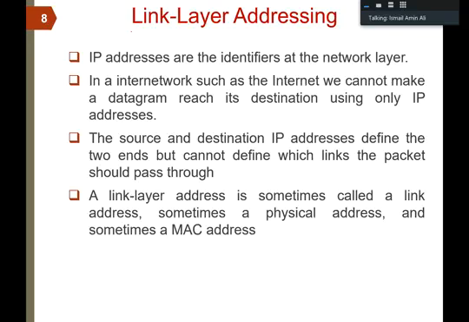We use some addressing in the data link layer. Actually, we use IP addresses in the network layer, but at the data link layer we use another sort of address. In an internetwork, such as the internet, we cannot make a datagram reach its destination using IP only. So you need another addressing for node-to-node delivery. The source and destination IP addresses define the two ends.